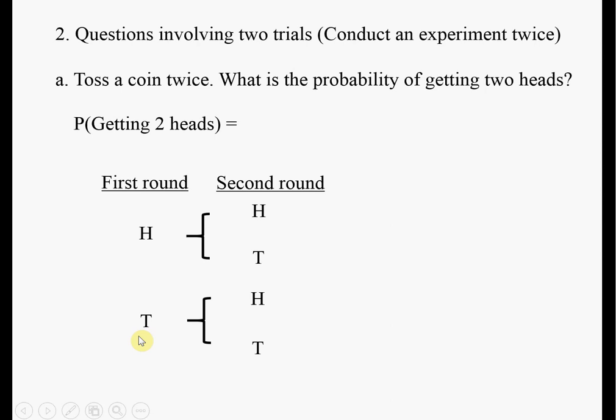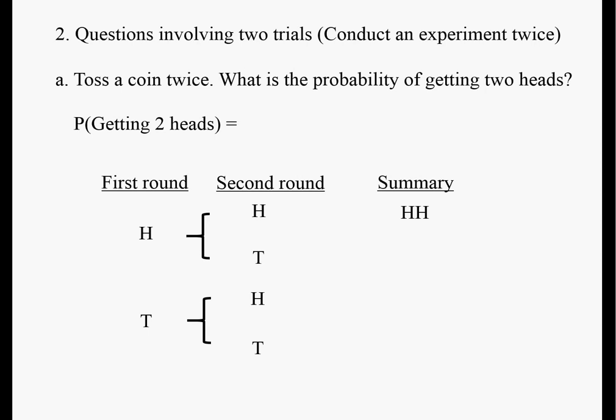Okay, now we toss the coin 2 rounds. Now let's summarize the total possible outcomes of tossing the coin 2 times. If the first time you get a head, second time you also get a head, now you have a scenario of head and head.